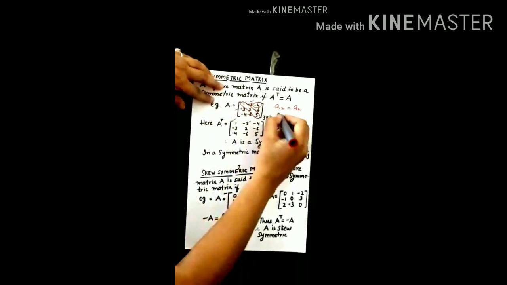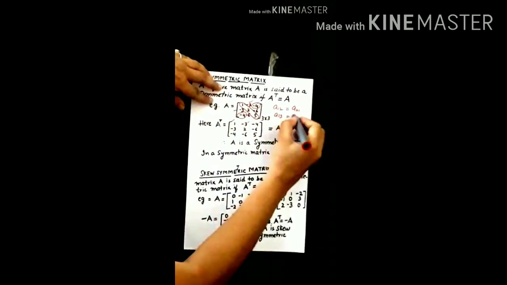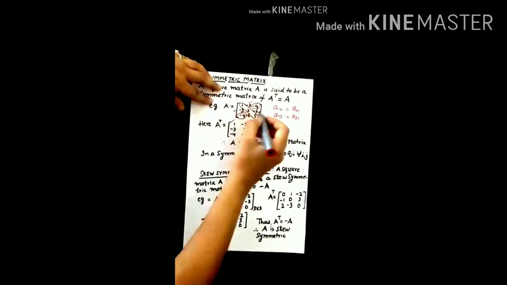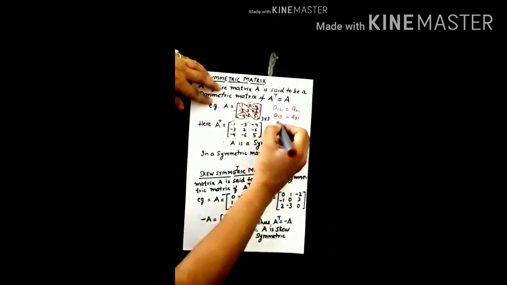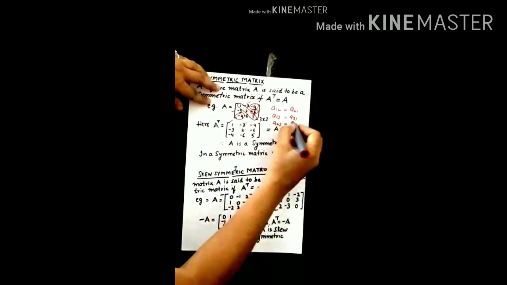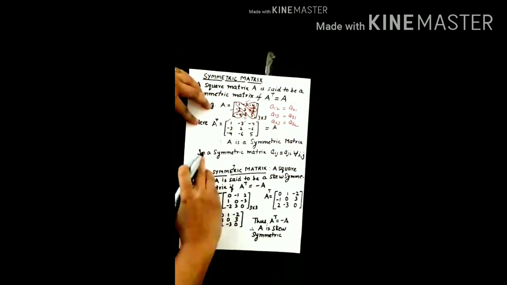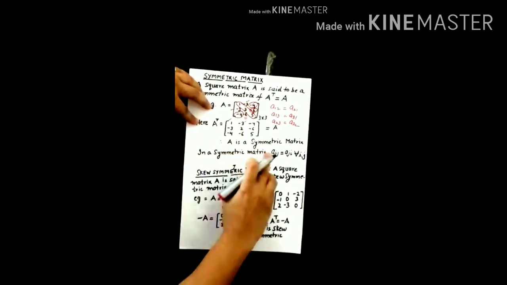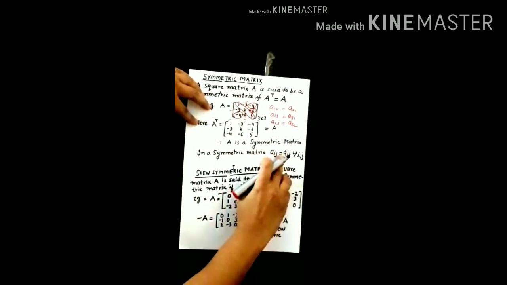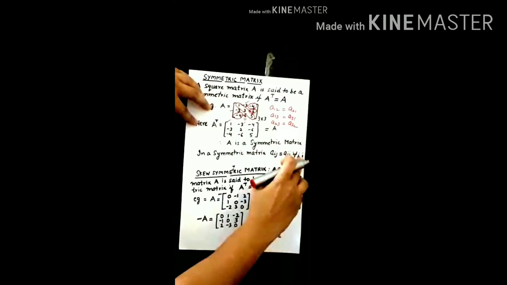Similarly, this element A13 is the same as A31. Here A23 is the same as A32. So in a symmetric matrix, Aij is equal to Aji for all i and j.